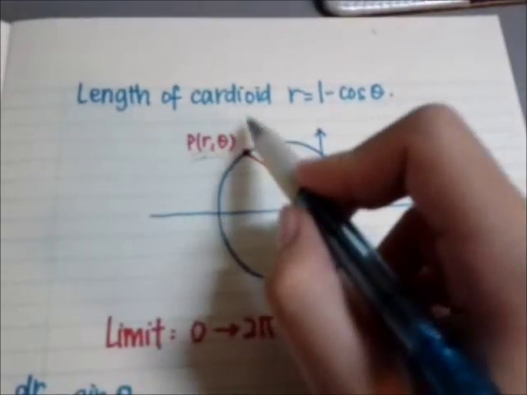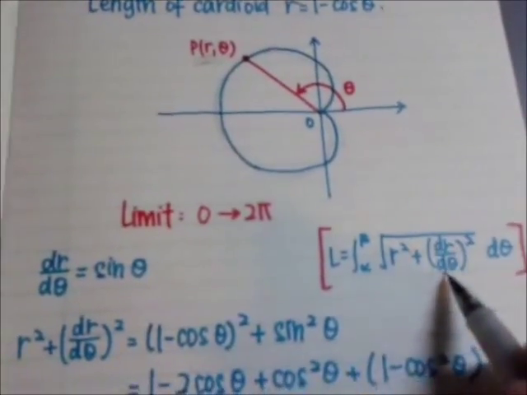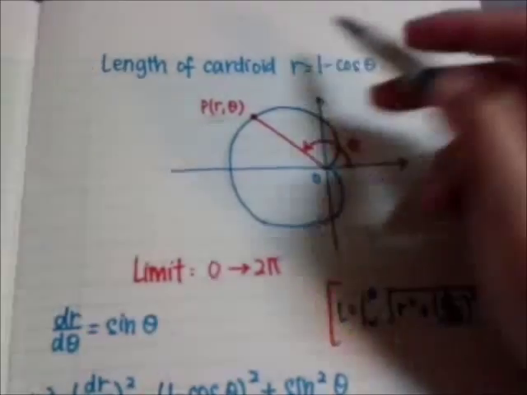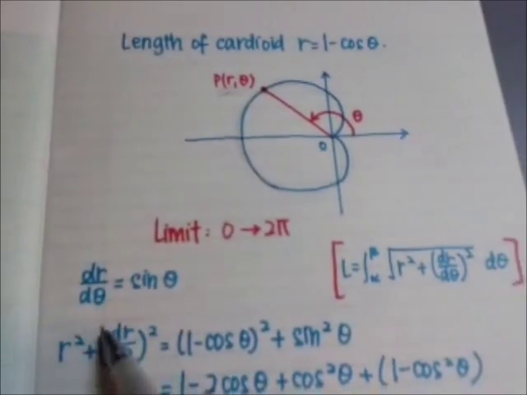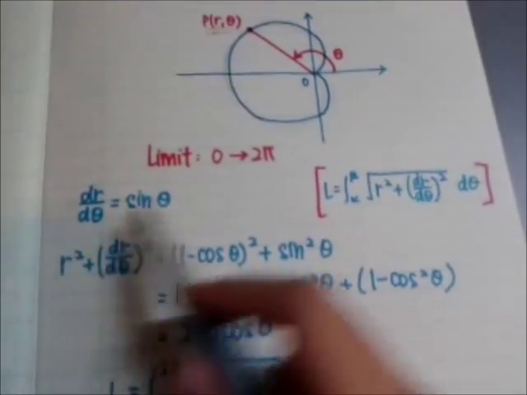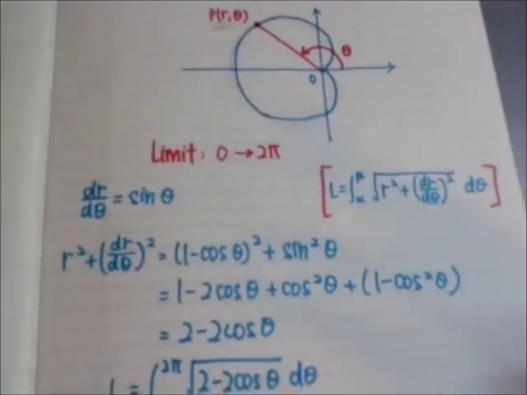Now we'll find the length of the cardioid r equals 1 minus cos theta. So we'll find dr d theta first, which is the differentiation of 1 minus cos theta. So we have dr d theta as sine theta. Now we find r squared plus dr d theta squared so that we can simplify it.